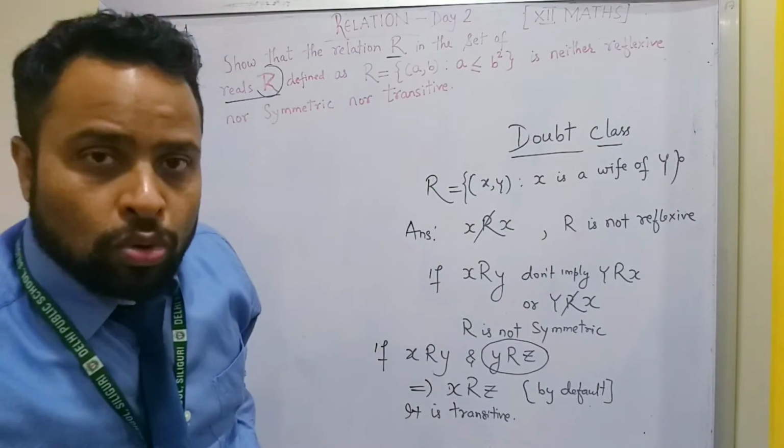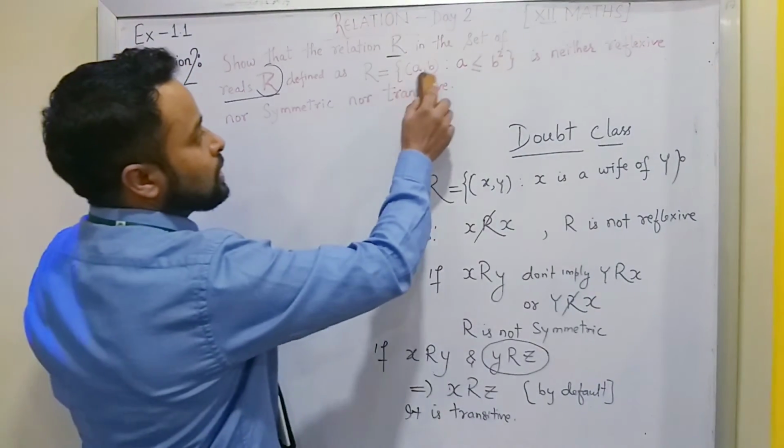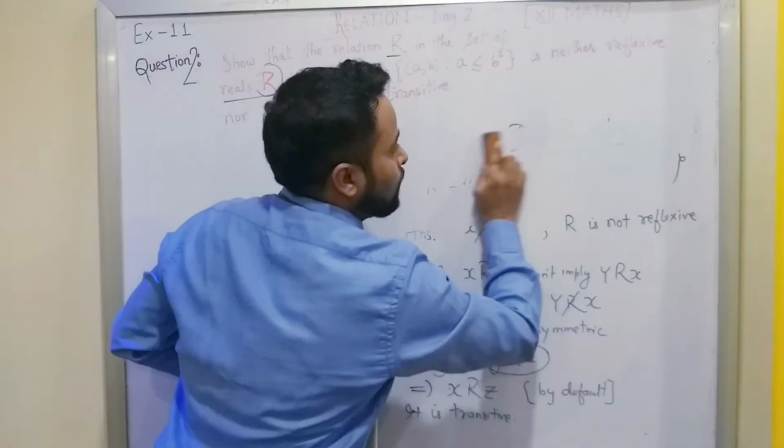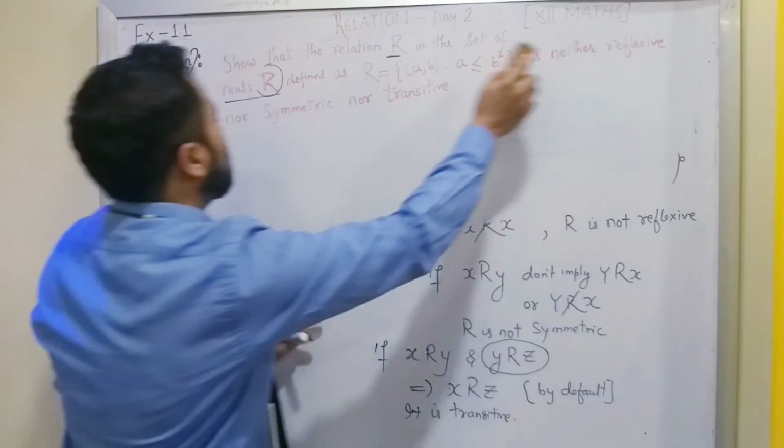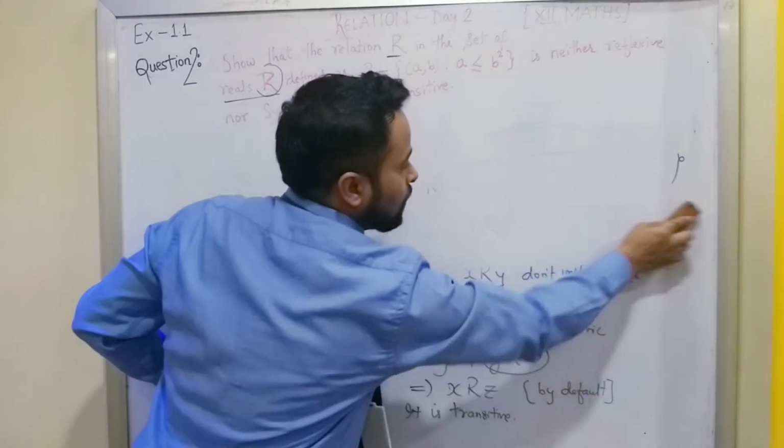When it is written in bold, understand that capital R is real numbers. My work is to show that this relation is not reflexive, symmetric or transitive.